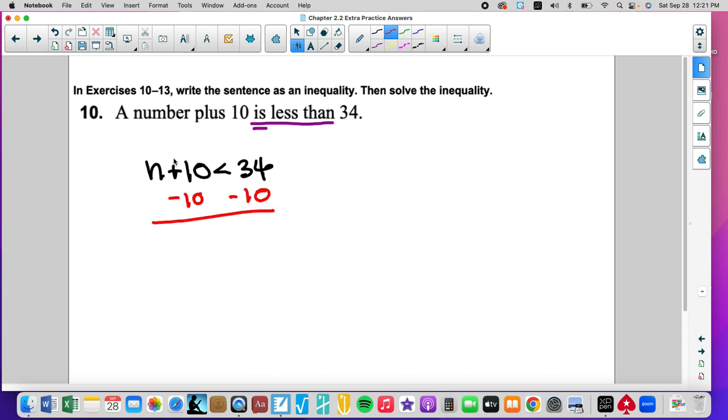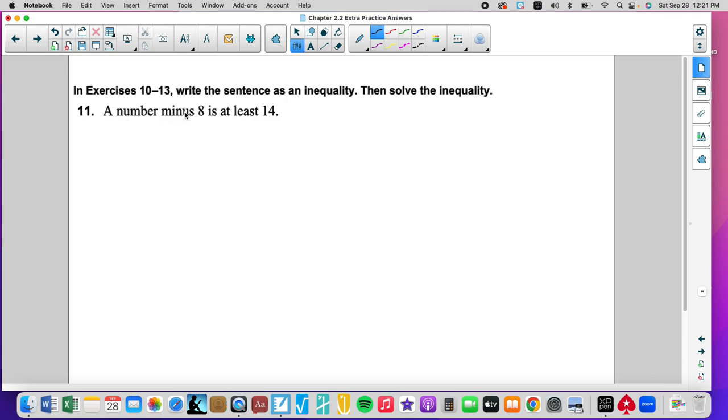So I would look for this statement if this was on a quiz, and then I would look for the solution. A number minus 8 is at least. Ooh, so now we have to decipher is at least. That means the smallest it can be is 14.